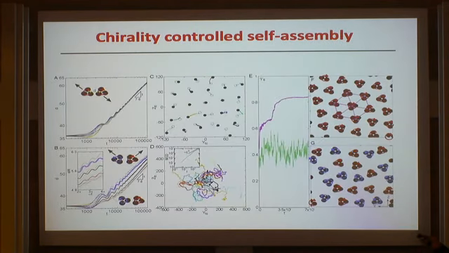And then just very quickly, you can now use the chirality to have some kind of control of self-assembly in solution. So that's the idea here. So now we just force them to have some chirality. So here in the top row is a homochiral system. So all these guys are spinning in the same direction.